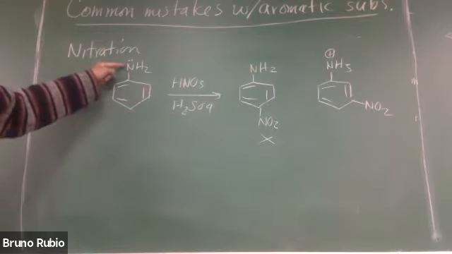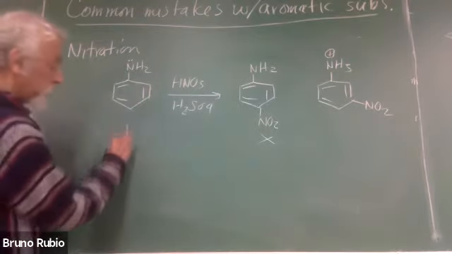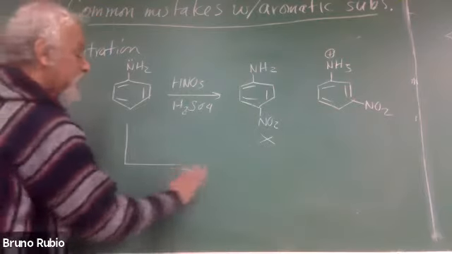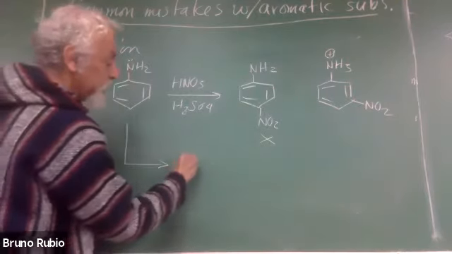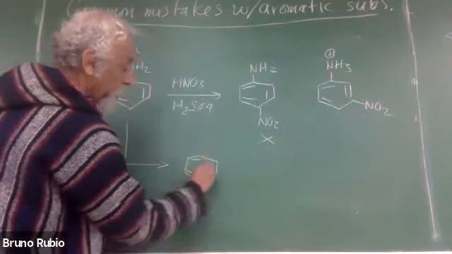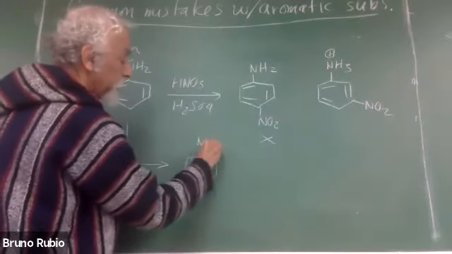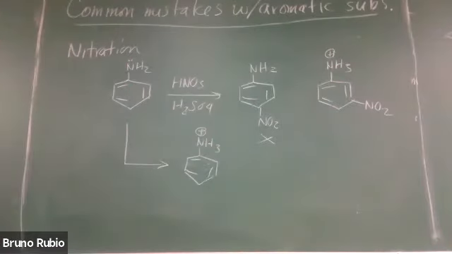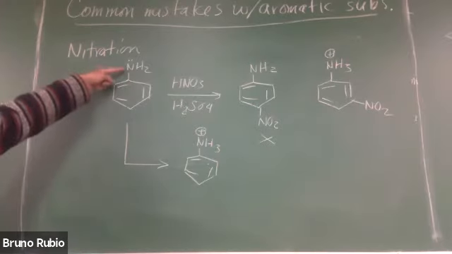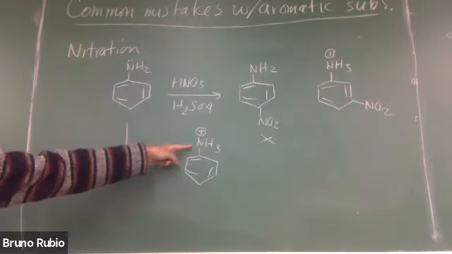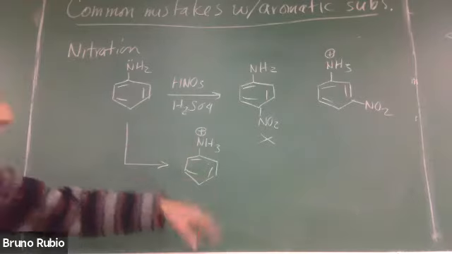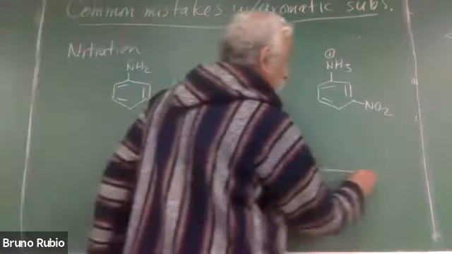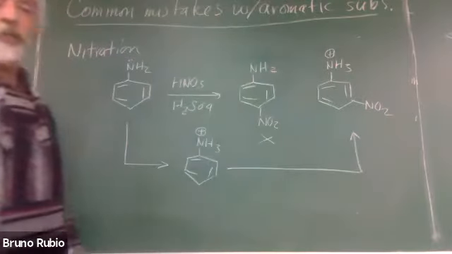So this nitrogen atom is a base. And so what is going to happen is that that amine functionality undergoes protonation to give you that. And so the acidic conditions of nitration have converted the amino group to an ammonium group. They have converted an ortho-para director to a meta director, and that is why the nitration occurs meta to that pre-existing substituent.